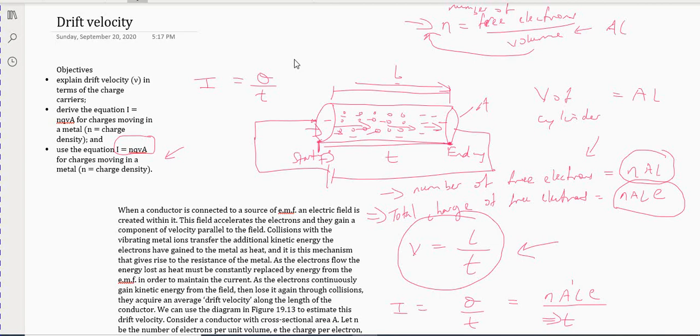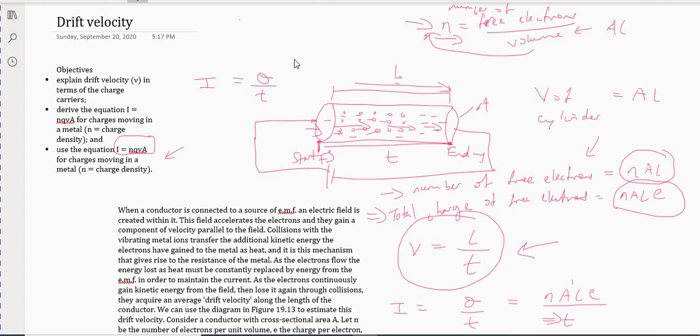And what the charge density tells us is the number of free electrons that are inside of that piece of conductor divided by the volume of the conductor. So this is what n signifies.